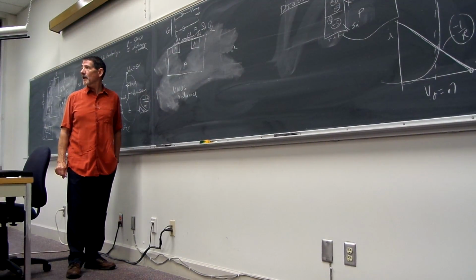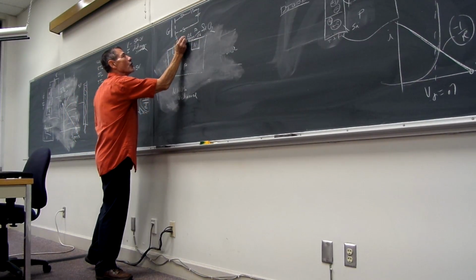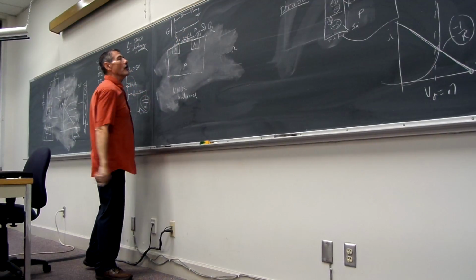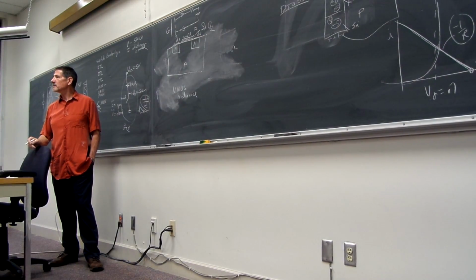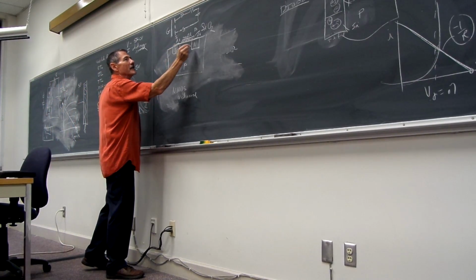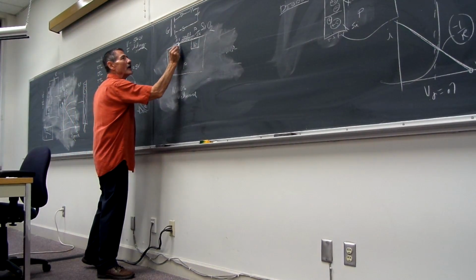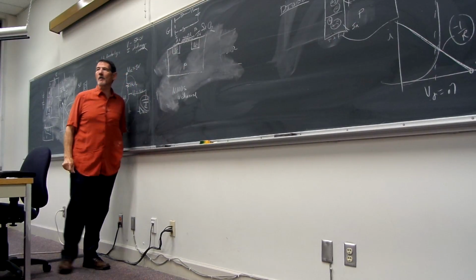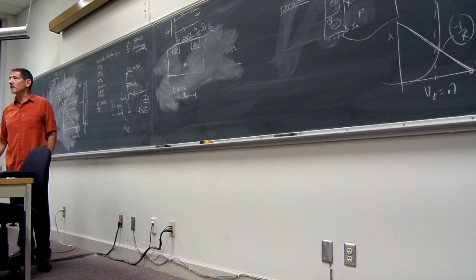Everybody okay with that? What happens if I now start putting positive charges here on that aluminum plate? What do you suppose is going to be attracted to the underside of the glass? Negative charges. Ooh, cool. What wants to flow in these end sections? Electrons. And now you start putting in some electrons there. Do you now see that you can have current flow between the drain and the source?